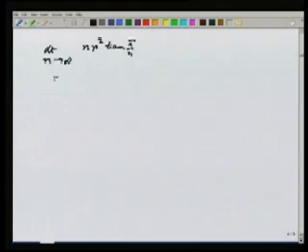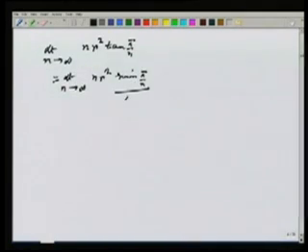Now let us look at the right hand side, what is this limit? Limit n going to infinity, n r square tan pi by n. Well, I write it in the following form, limit n going to infinity, n r square sine pi by n divided by pi by n into pi by n into 1 by cosine pi by n.